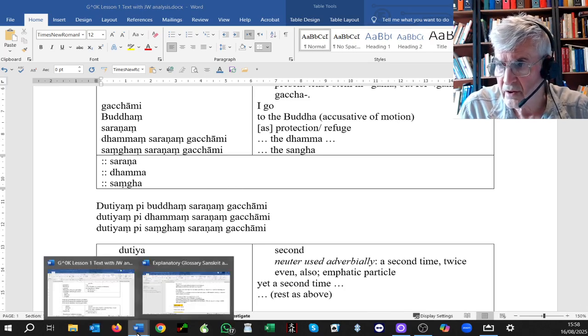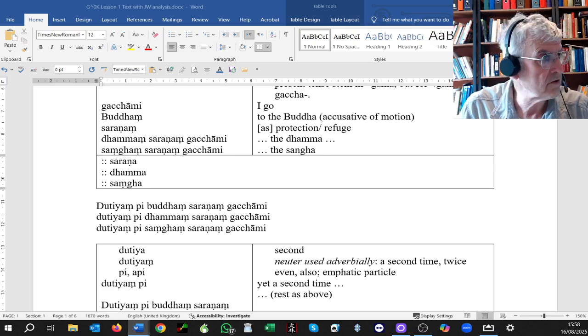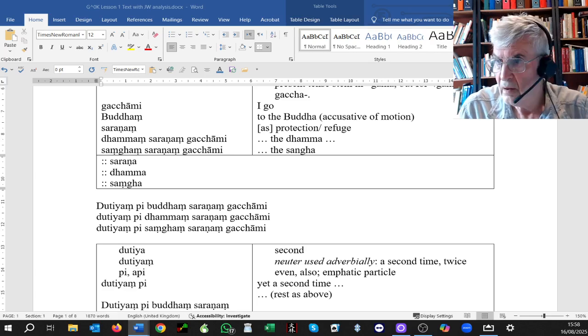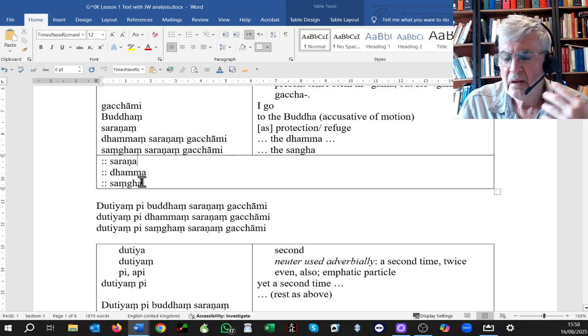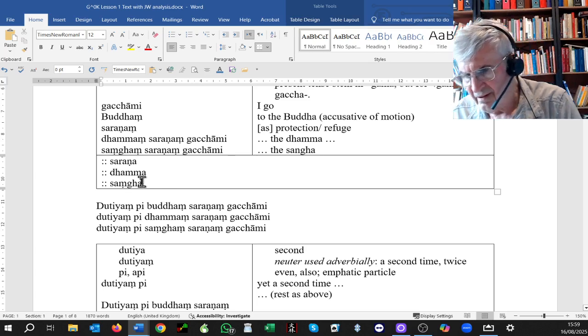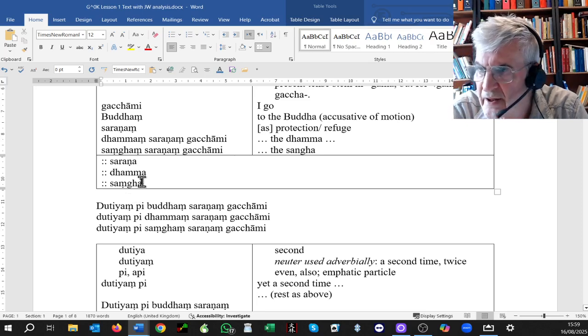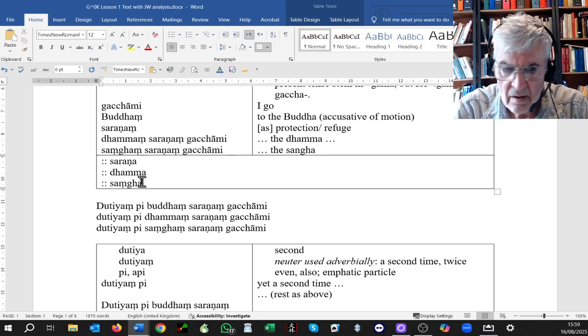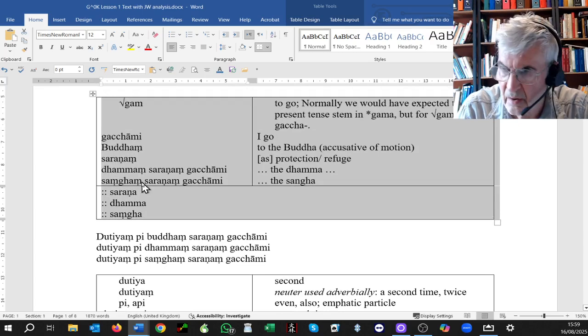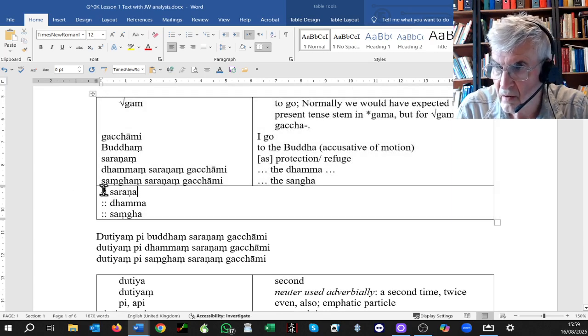I will call it up now, explanatory glossary. So what I recommend that you do, say you want to look up the word sarana, or rather see the additional explanation of sarana. My recommended way of finding it is just copying the word.